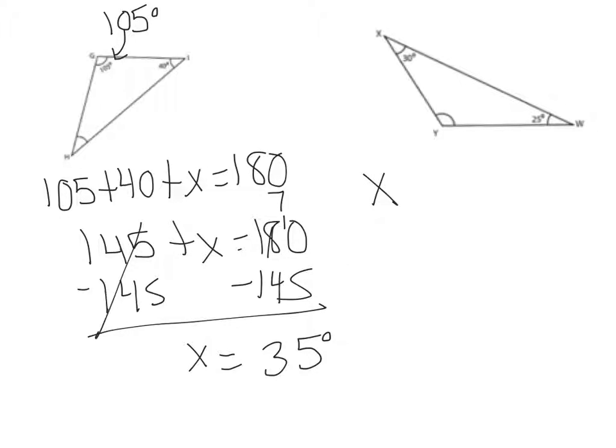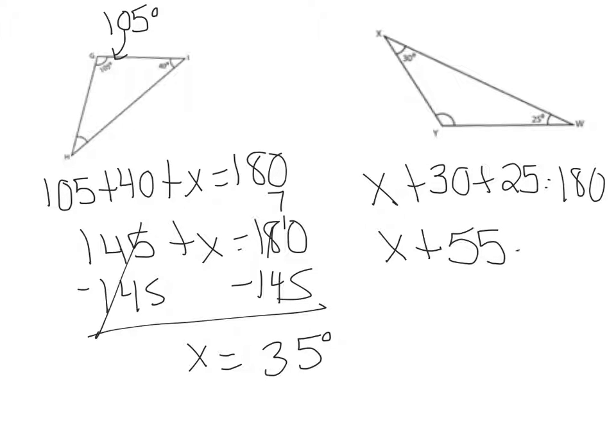We have x plus 30 plus 25. Remember with addition, the order does not play a role. It can be in any order. So I need to combine my like terms. I can't add x, so I have x, 30 plus 25 is 55, equals 180. And then subtract 55.